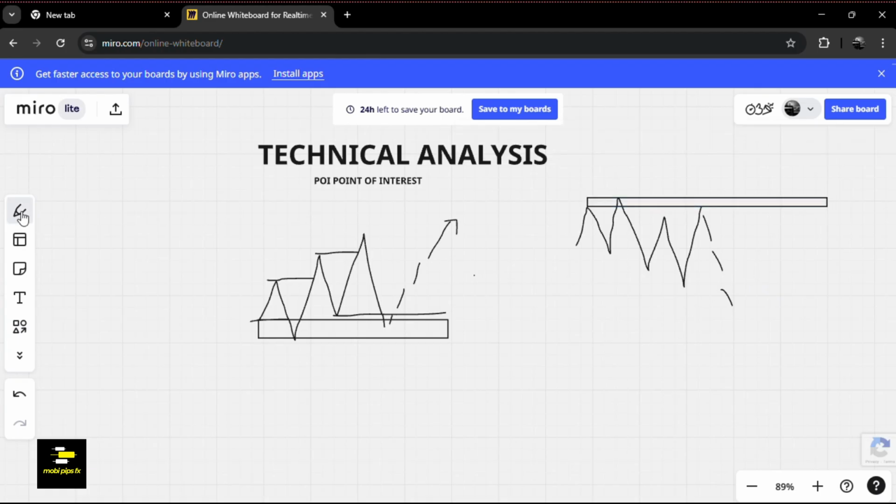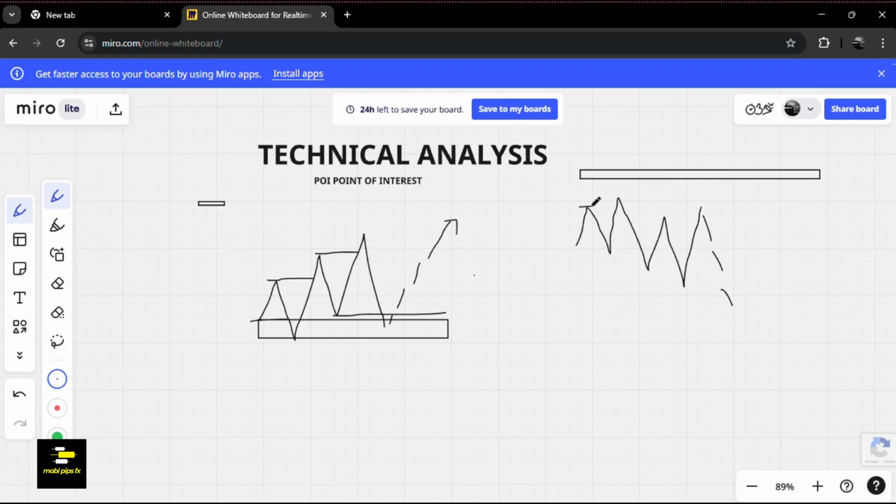What are we seeing? We realize that this was a sweep of liquidity, transactional liquidity. This is for the bearish setup, right?